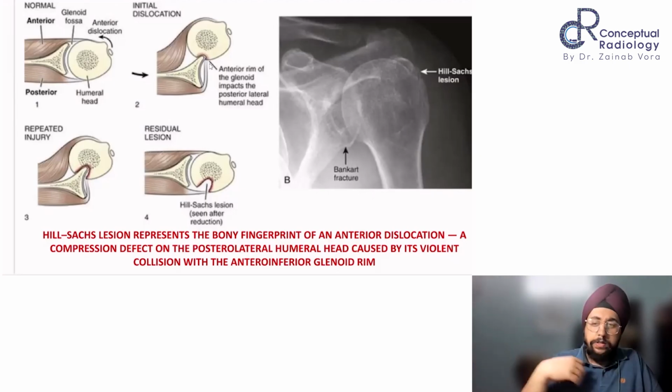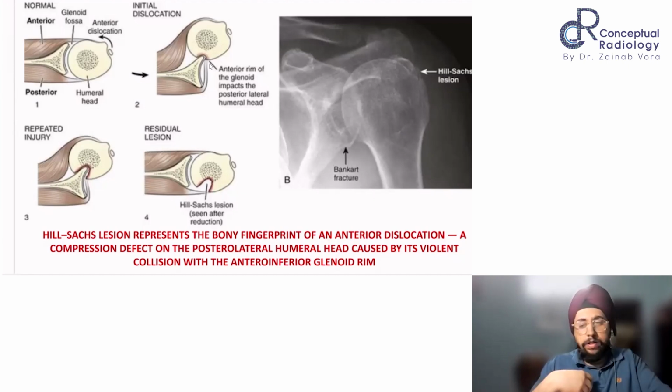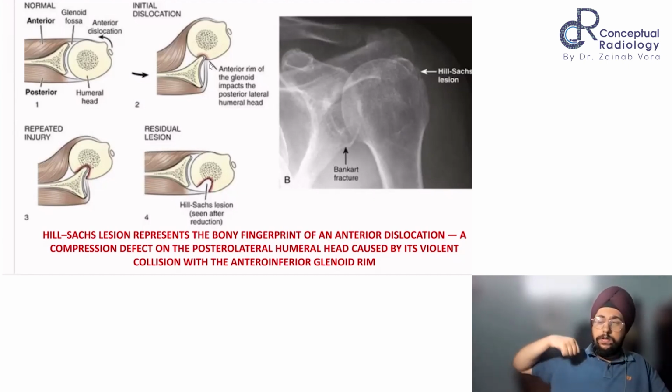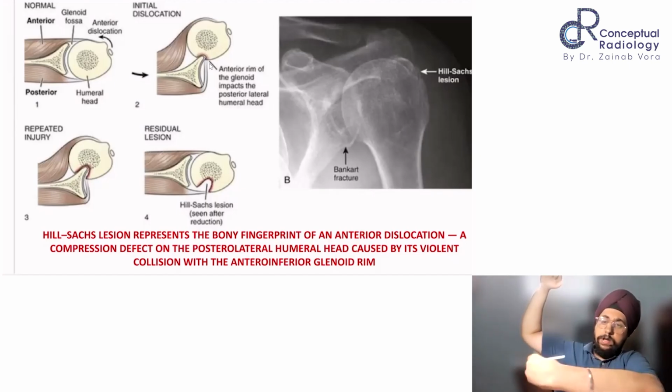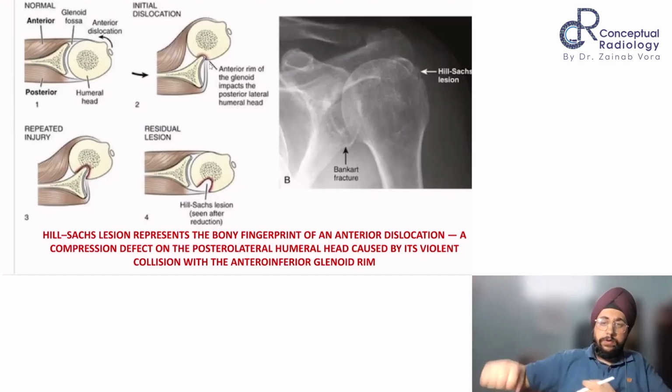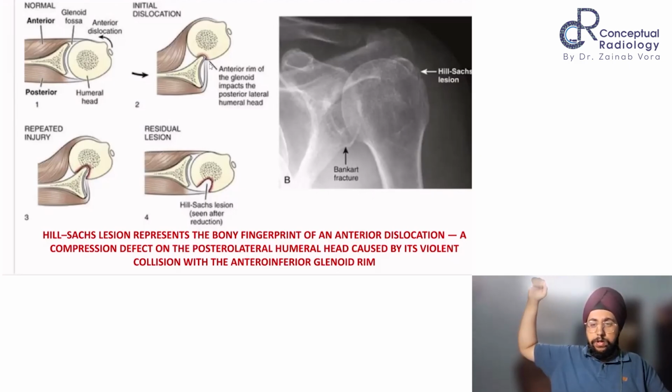Let me explain. Because of a high intensity trauma, like you did this external rotation and abduction like this, the humeral head got dislocated anteriorly. Because of this position, we call it the ABER position, extreme ABER position. So this is the mid ABER position, this is the neutral position, mid ABER, and this is the extreme ABER.